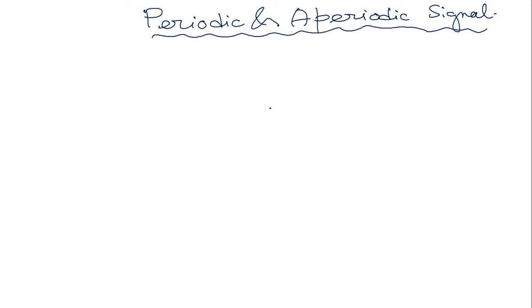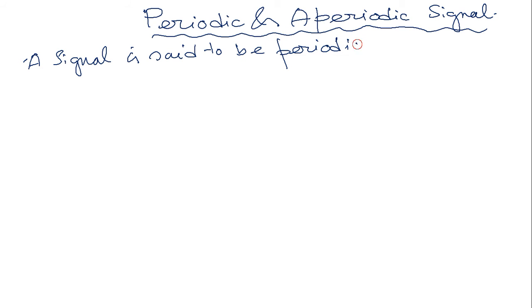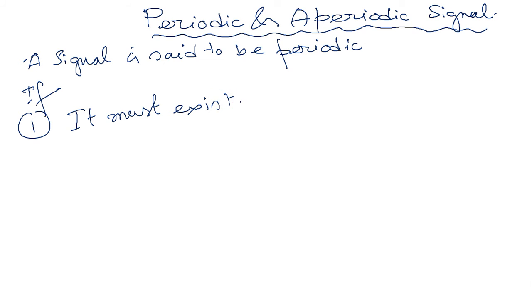A signal is said to be periodic if, number one, it must exist from minus infinity to plus infinity.